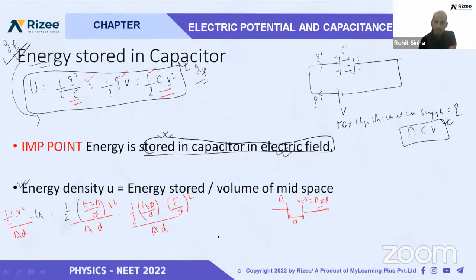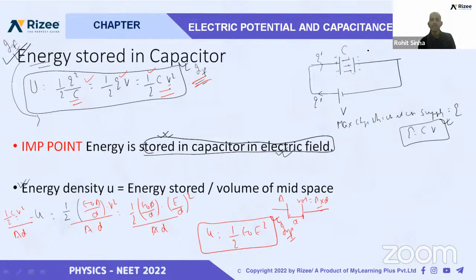Area cut, D cut. We will get U is equal to half epsilon naught E square. This is the formula of energy density, and you have to remember this formula. Very important. This formula and this formula. I'm not dealing with the derivation part, because it's not important for your exam.